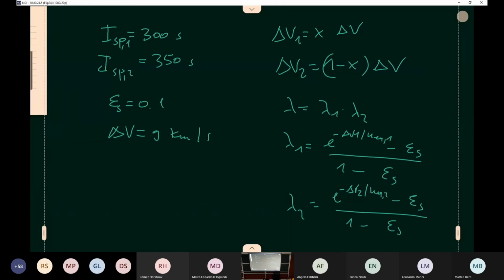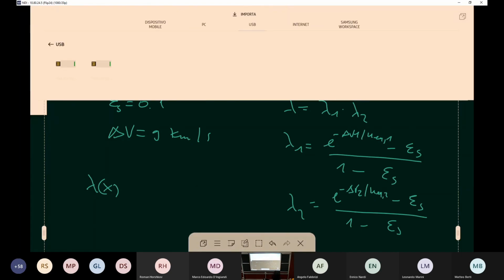So you have everything, and you can see, for instance, the value of lambda as a function of x.